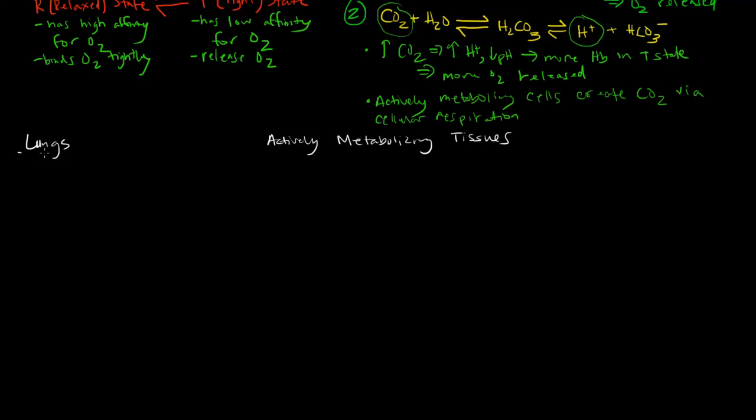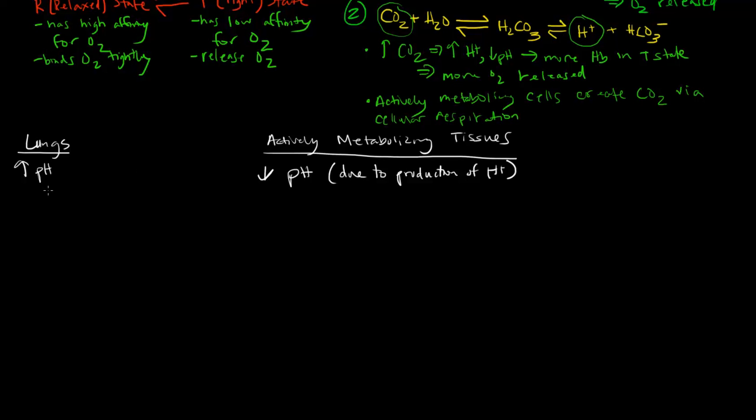So in our lungs, we have a high pH, right? High pH relative to the actively metabolizing tissues. Here we have lower pHs, right? Due to the production of H pluses, in the two ways listed above.